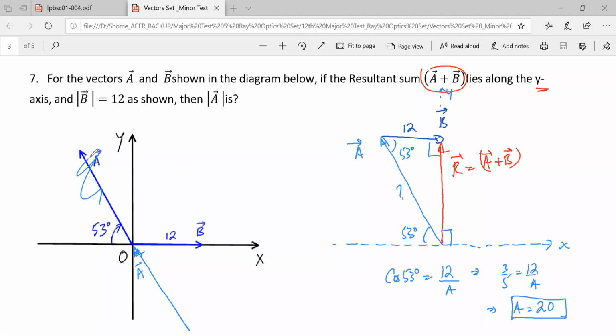Instead of this, you place A over here. This angle is 53 degrees. Then your A plus B should become this vertical line. So then your resultant is along the y-axis. So this triangle only I have redrawn over here.